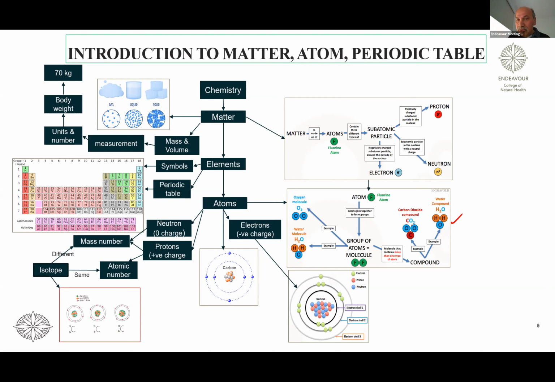A compound is different from a molecule. If I say oxygen molecule, it is made up of only oxygen. A molecule can also be a compound. For example, here water molecule means it has two hydrogen and one oxygen atom.